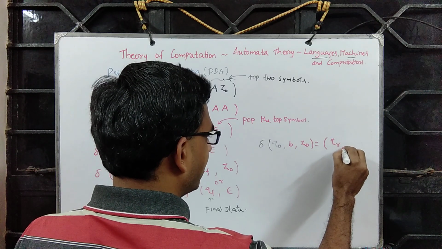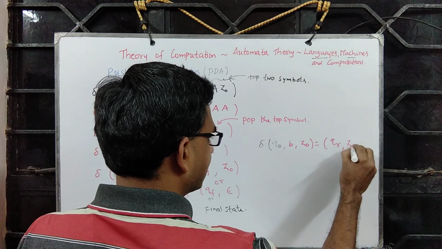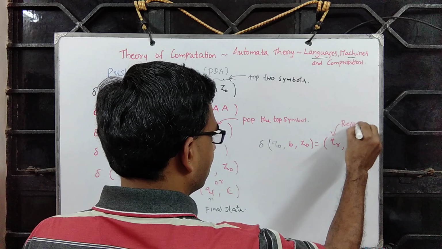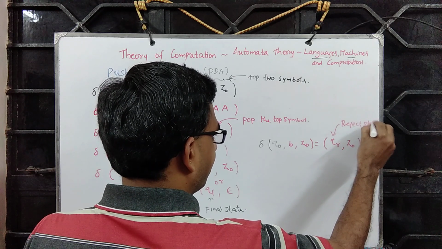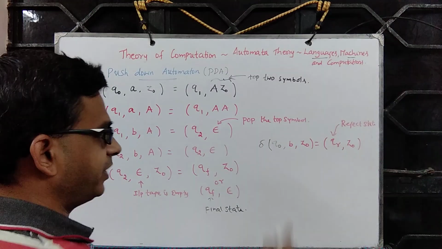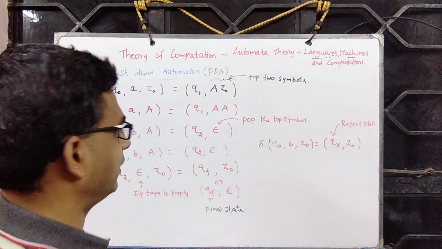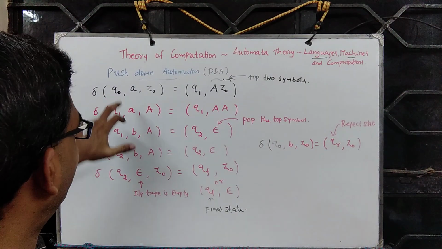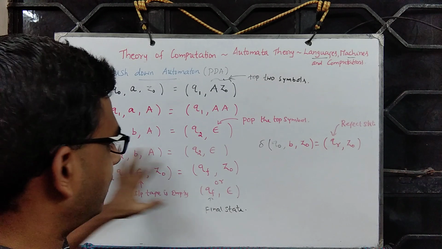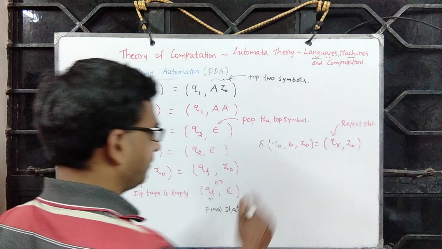So we say QR comma Z0. QR meaning reject state. When we are at Q0, when we read a B, it has to be rejected, so which is why we do this. When we read a A, it is valid, and so this part is fine.